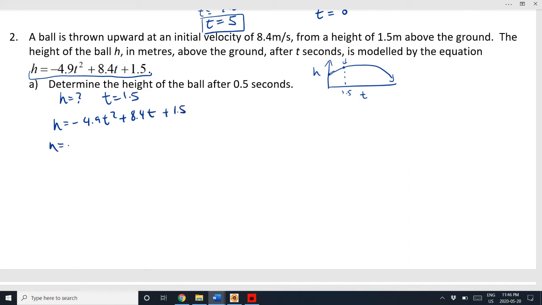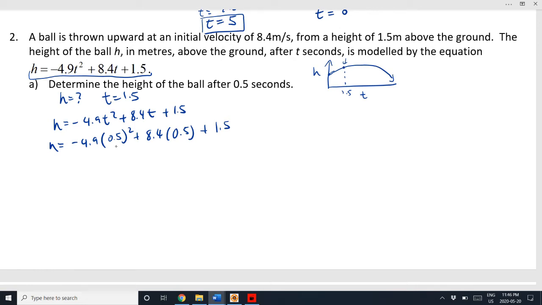And h is equal to negative 4.9 bracket 0.5 squared plus 8.4 times 0.5 plus 1.5. Following our BEDMAS rules, we must square this first before multiplying by that negative 4.9.